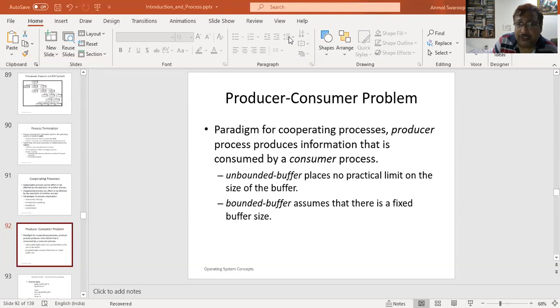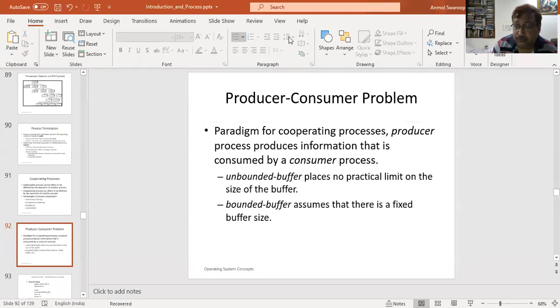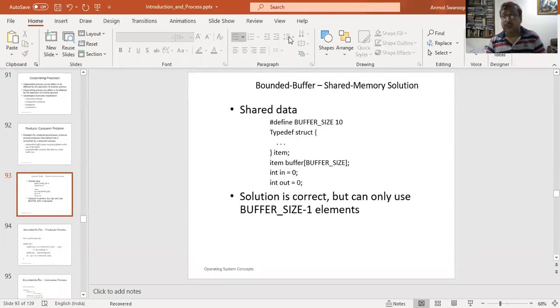Okay, so this is a classical example of cooperative processes because both the producer and consumer are cooperating with each other, and close cooperation is required. So one way of cooperation, as I told you, there are two methods of process communication, because for cooperation, communication is very necessary. All of you will agree with this.